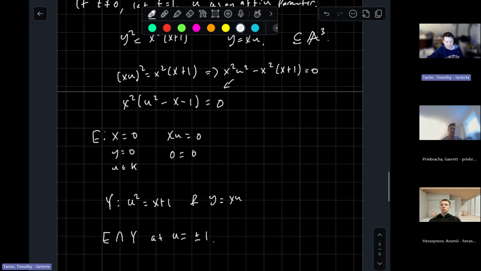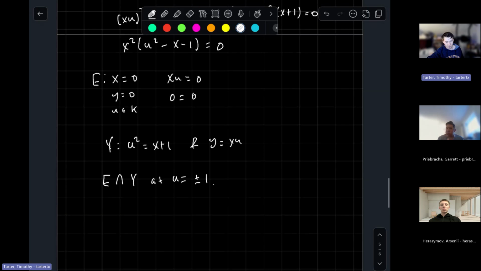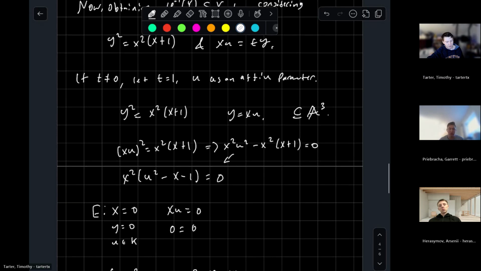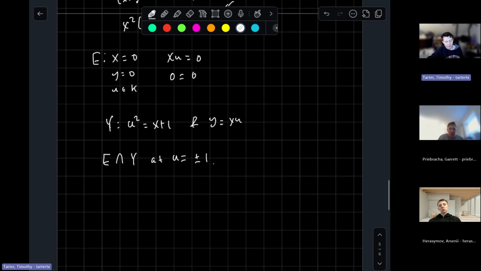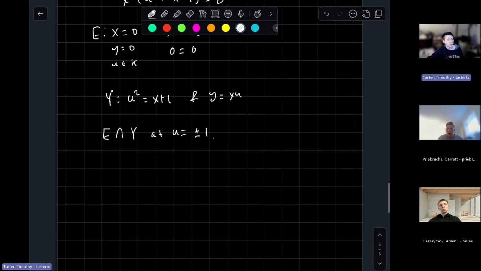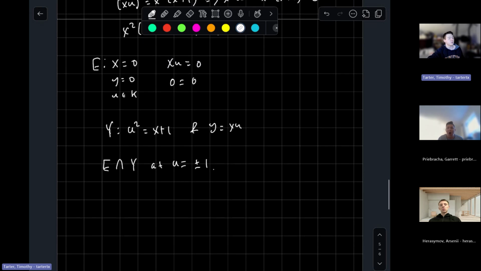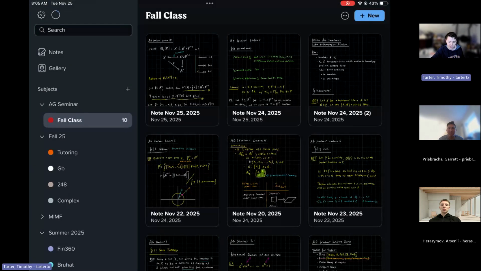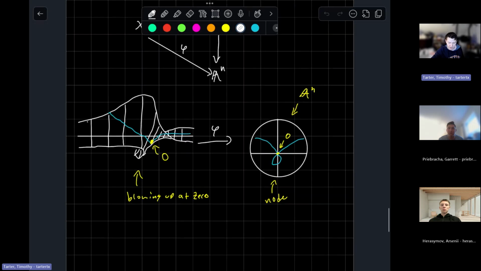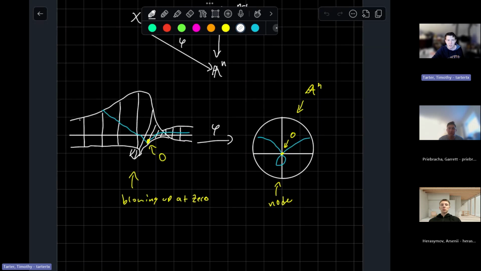And so basically we can separate out the branches of E as things which are distinct between u ranging from minus 1 to plus 1. And just so it's clear, this is exactly the picture here that I drew.